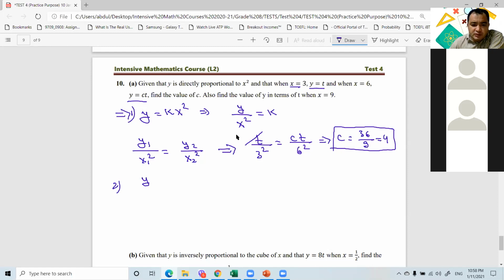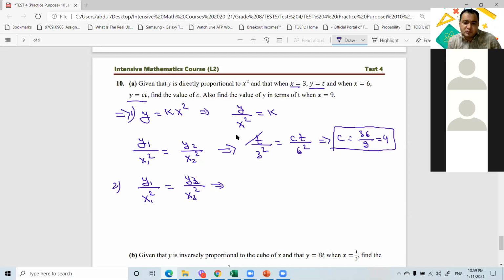Again, using this relationship, y over x squared, right? Let's say it's y1, x1. Also, it's the same as y3 over x3 squared, right?